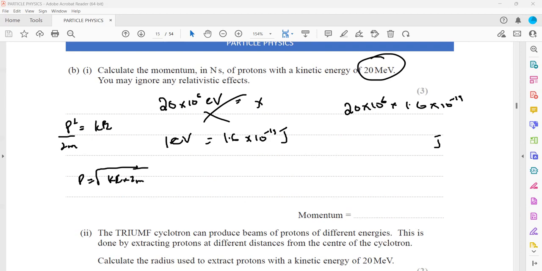This will give us the momentum. So after getting the energy in joules, don't forget to convert the energy. Here, it will be 3.2 into 10 to the power minus 12 joules. And m is the mass of the particle. In this case, we have a proton, so that will be 1.6 into 10 to the power minus 27. The constants will be given, like mass of proton, mass of electron, mass of neutron. These constants will be there.